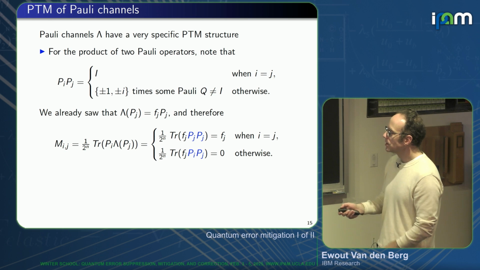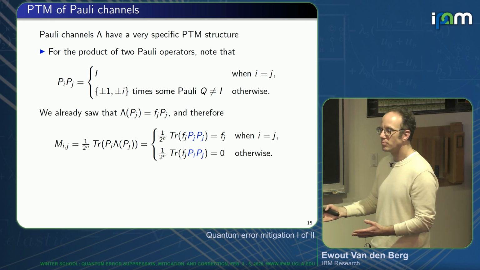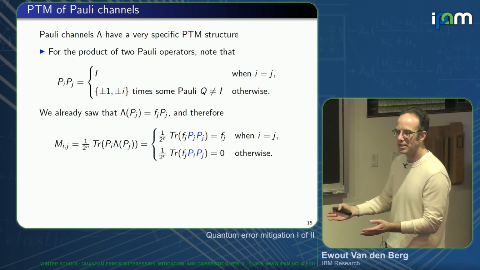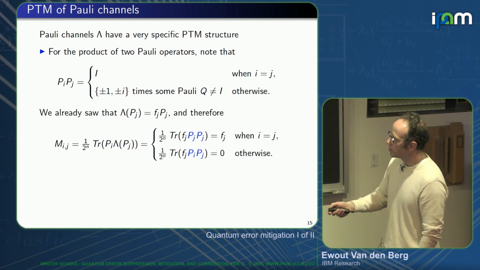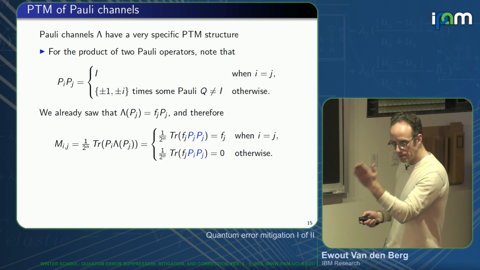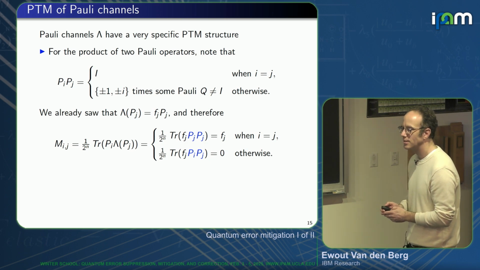So then you get the fidelity. Otherwise, this PiPj will be some non-identity Pauli, and we already saw that the trace of any non-identity Pauli is 0, so this is 0. So that means that the Pauli transfer matrix of a Pauli channel is just the diagonal matrix with the fidelities on the diagonal.